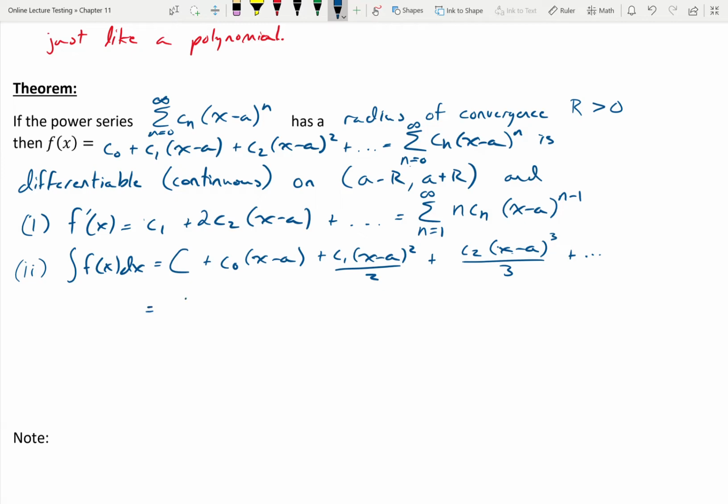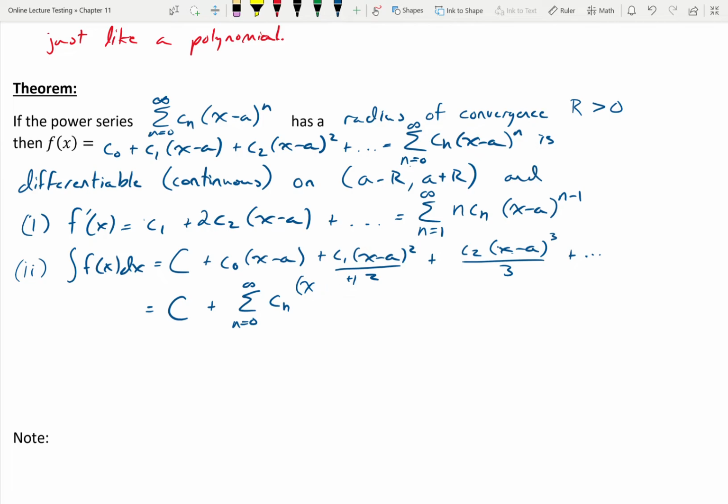This is equal to big C, constant of integration, plus the series as n goes from 0 to infinity of c sub n times x minus a to the n plus 1, all divided by n plus 1.